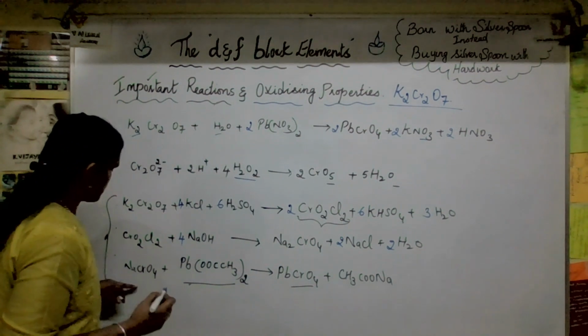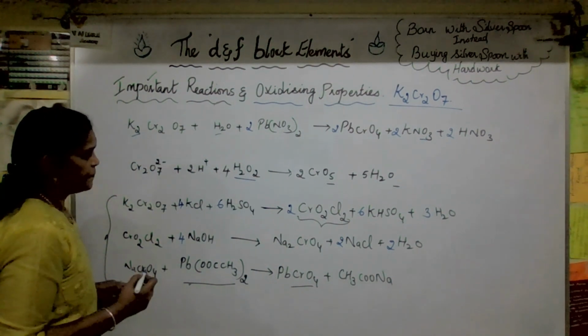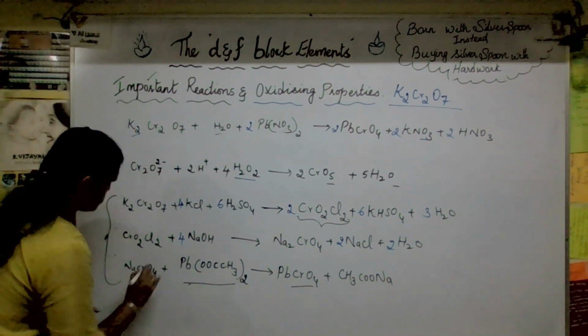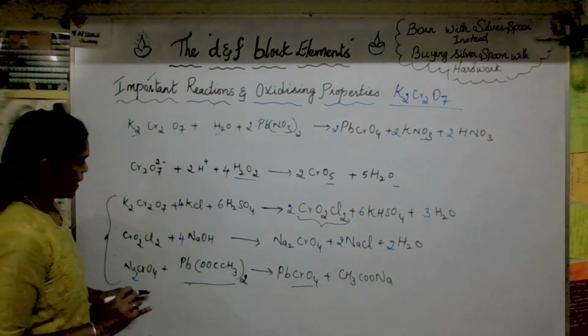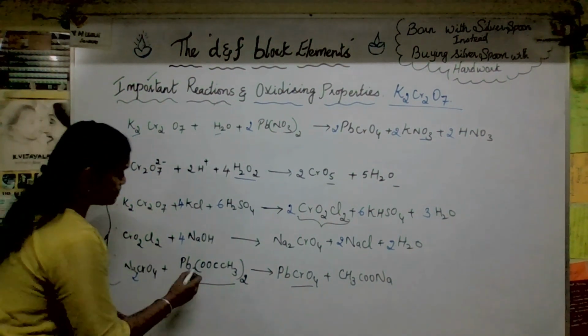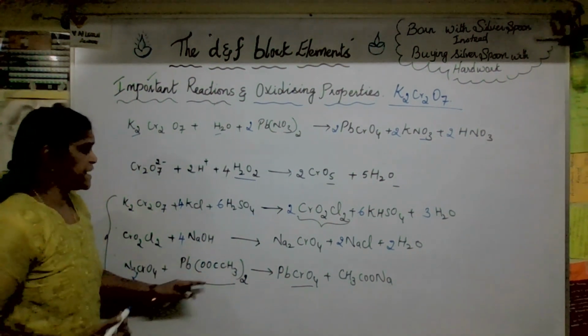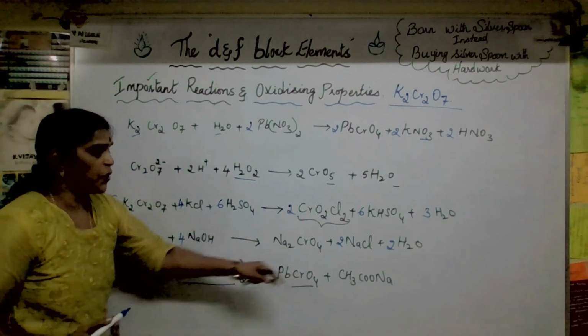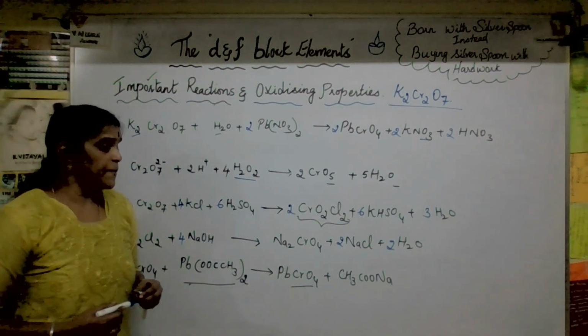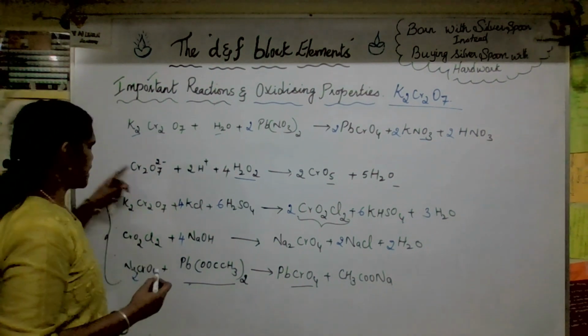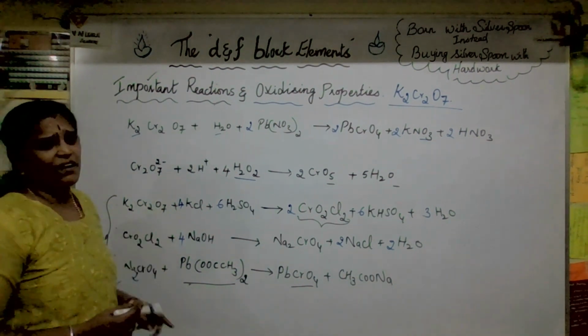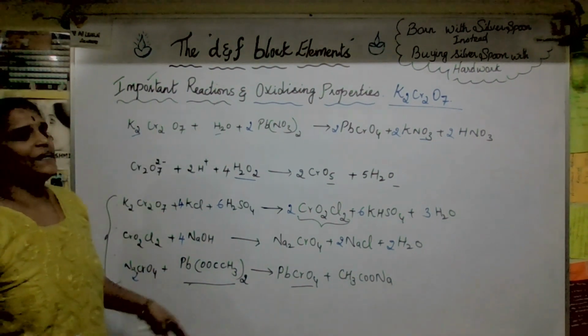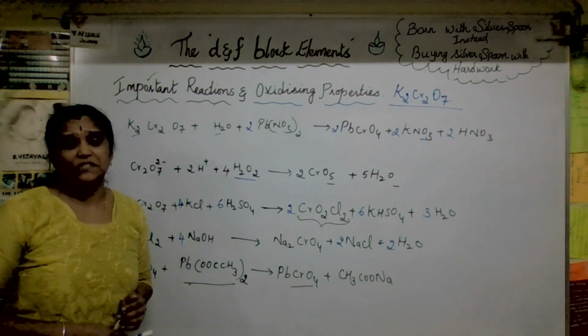Right? Now next one, Na2CrO4, sodium chromate combined with lead acetate. So you are getting lead chromate plus sodium acetate. Hope you are getting a clear idea. This is actually a chain reaction. I hope you got the important equations, reactions.